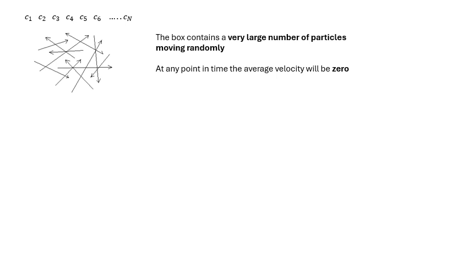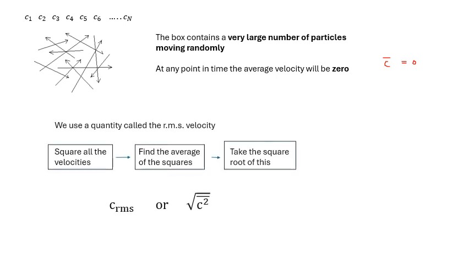The box contains a very large number of particles moving randomly, and because of that, the average velocity is going to be 0. c bar, the average velocity, will actually be 0. So the average velocity is useless. So we don't use the average velocity. What we use is called the RMS velocity. It's the root mean square velocity.